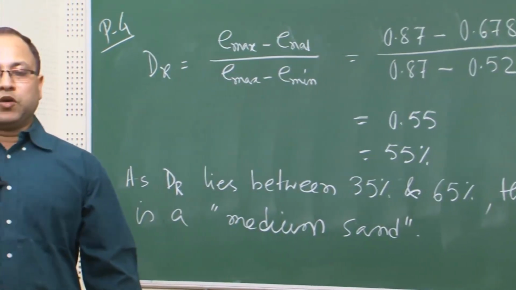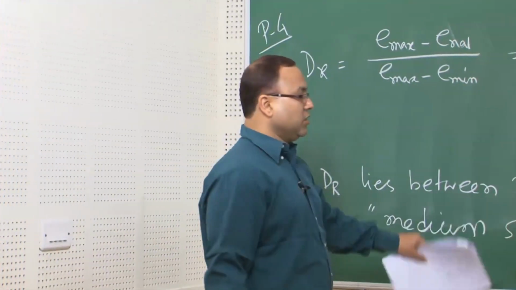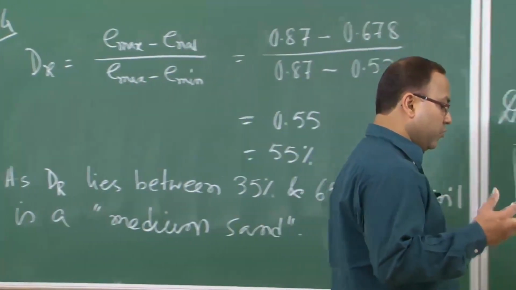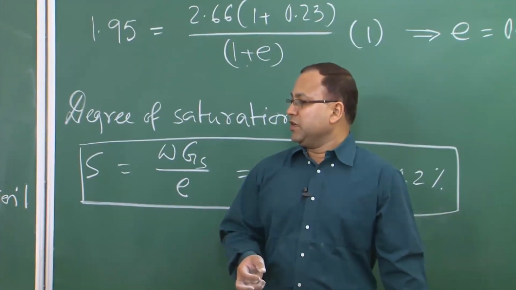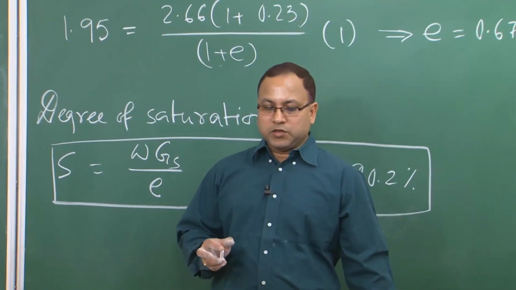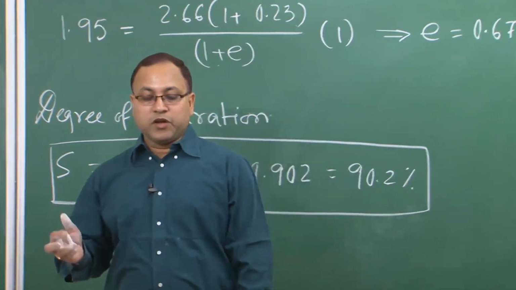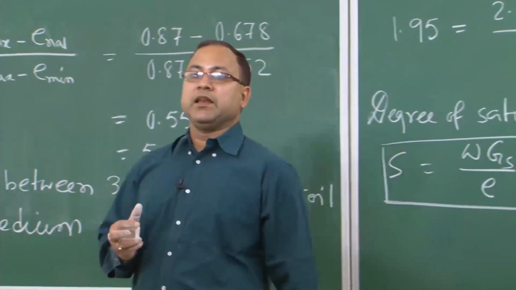From the table itself we can categorize the sand like this, because if the relative density falls between 35 and 65%, the sand is categorized as medium sand. That is all about problem 4. Now we will continue with the soil classification system and clay mineralogy.